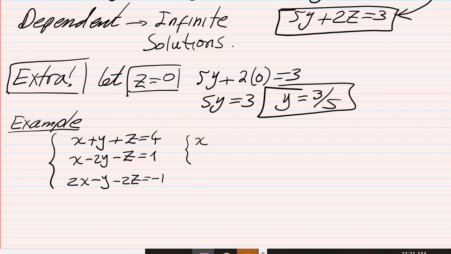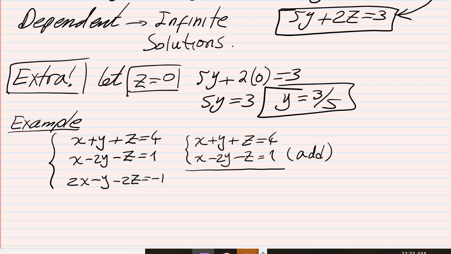It's going to be x plus y plus z equals 4, and then x -2y minus z equals 1. That's my first pair. And I want to get rid of z's. All I have to do is just add these two equations together. That's one of the properties of systems, right? We can add equations together in a system.